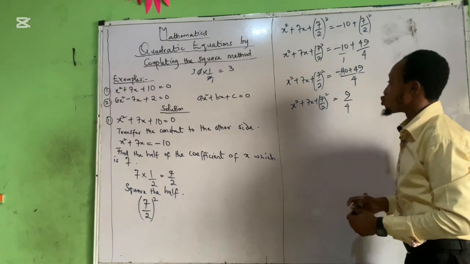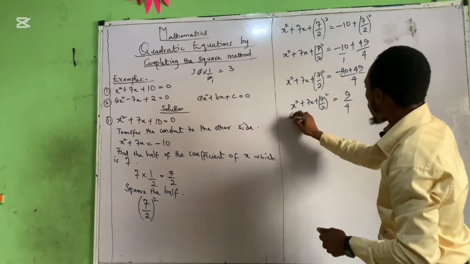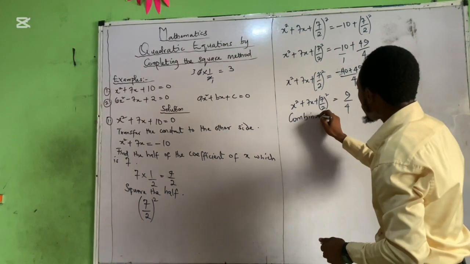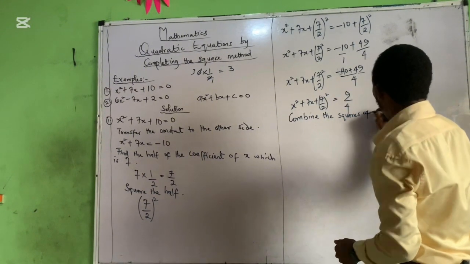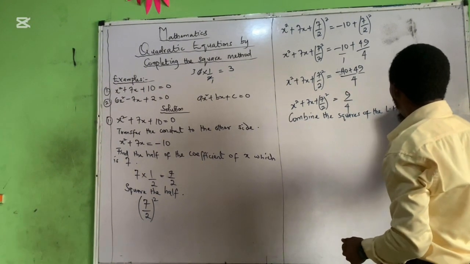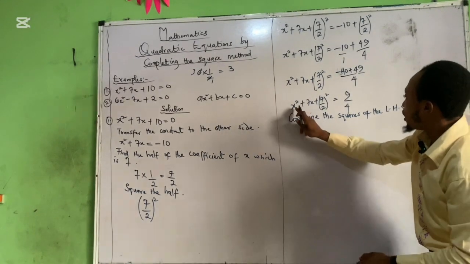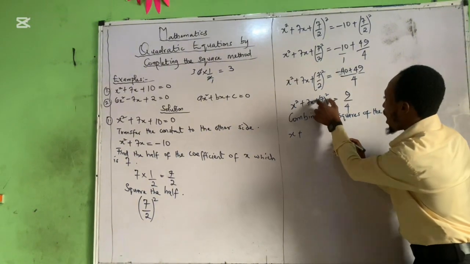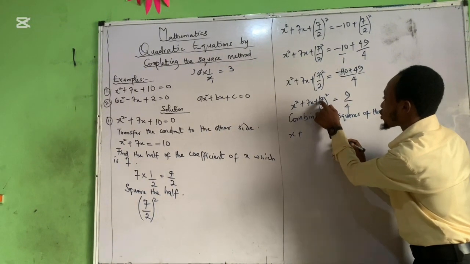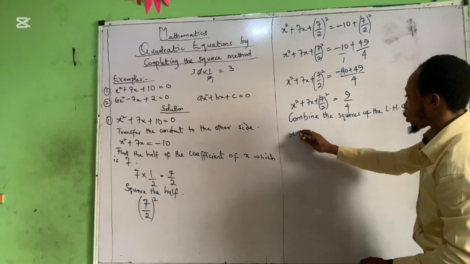Now the next thing we are going to do is to combine the squares of the left hand side. So when you are combining the squares of the left hand side, you pick this x here, we have x plus, now don't forget there is a sign plus here, so that is this plus that we have here.